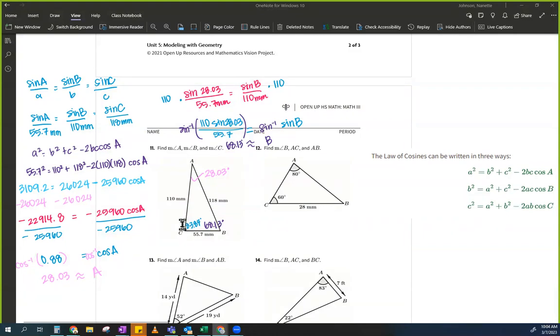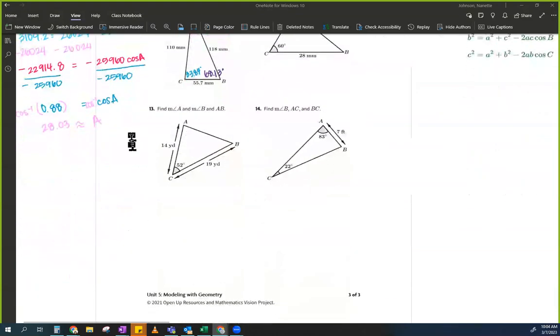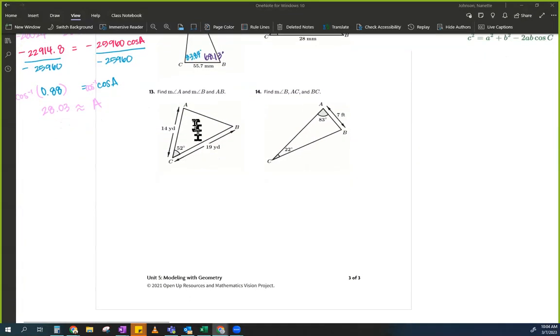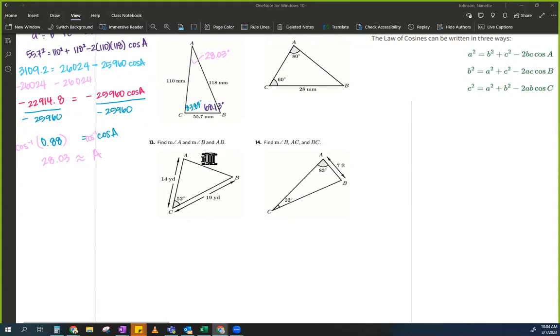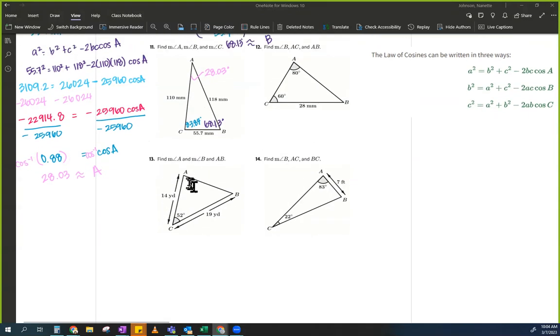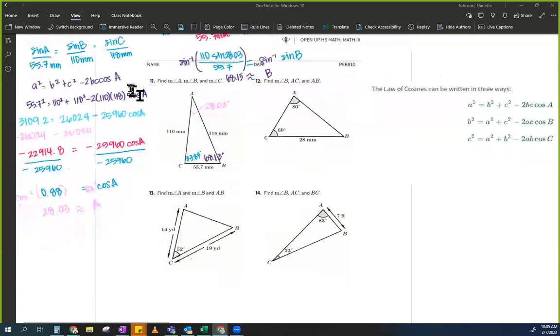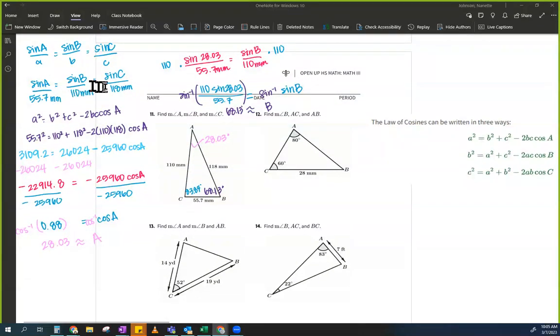Okay. If I was going to do 13, which I'm going to, I notice here now, because I could look into the future and I know what's about to happen, if I filled out sine A over A, sine B over B, sine C over C, you would see some interesting things happening, very similar to what we did up here, where I didn't have a helper.